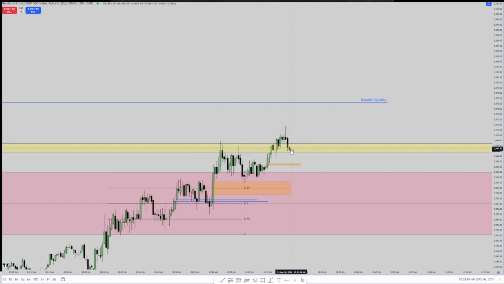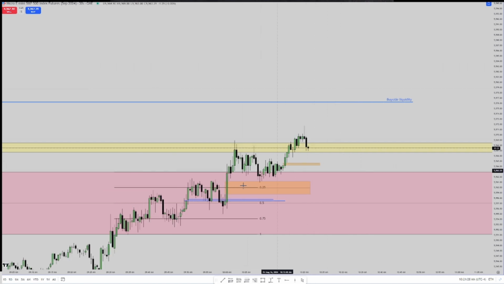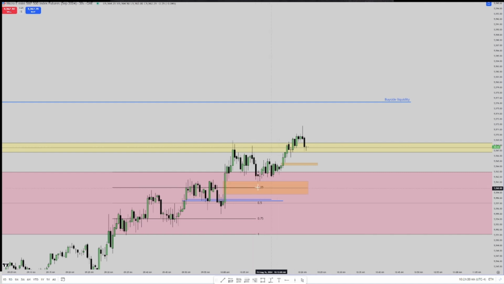Even though it came back down, I'm looking at this level. I really don't want to see it go below this low. If it goes below this low, it has a potential to come down into this shaded area, hit that, hit this one more time, and then expand. But it really shouldn't come back to this gap here.